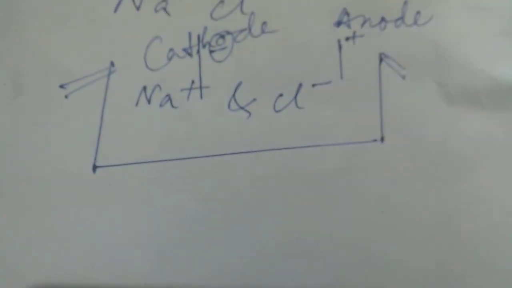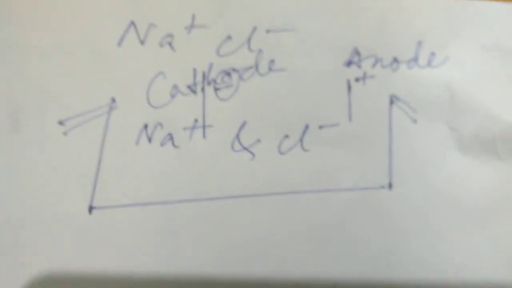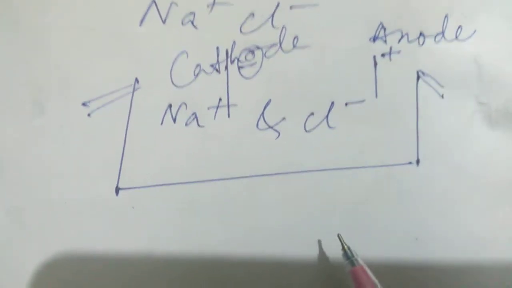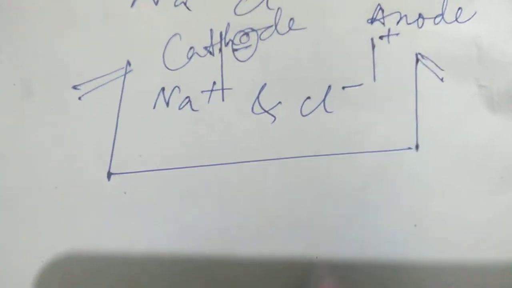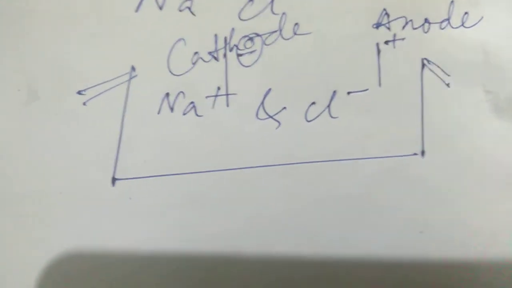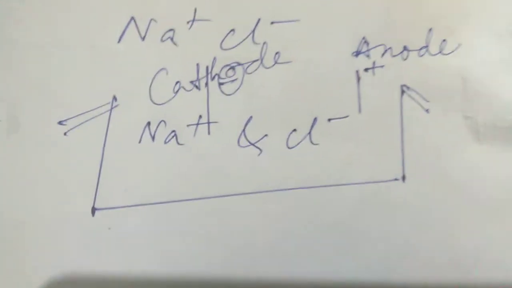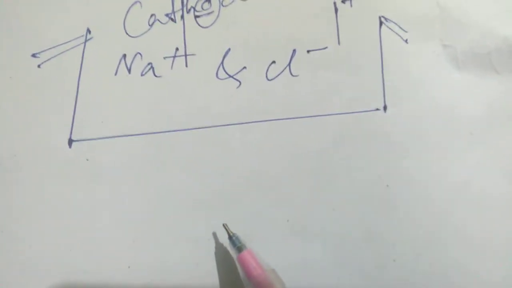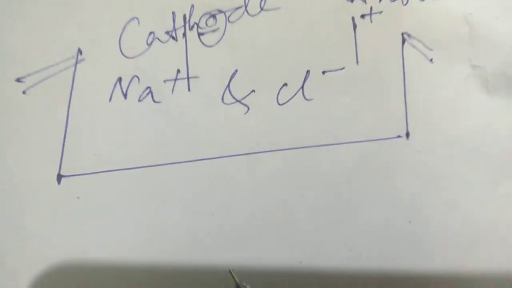I can say electrolytes are those compounds which are dissociated into oppositely charged ions, that means plus ions and minus ions, and by the application of electricity are dissociated and produce new species, mostly ionic compounds. That means the salts, inorganic salts, acids and bases are ionic compounds and they are electrolytes.